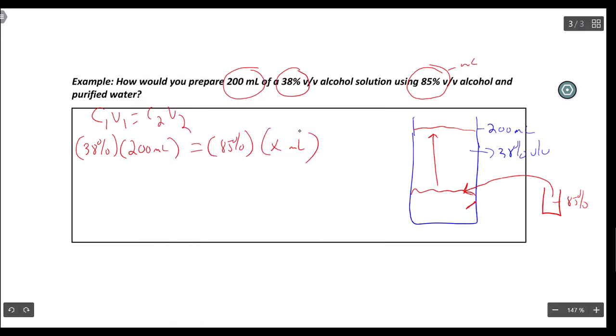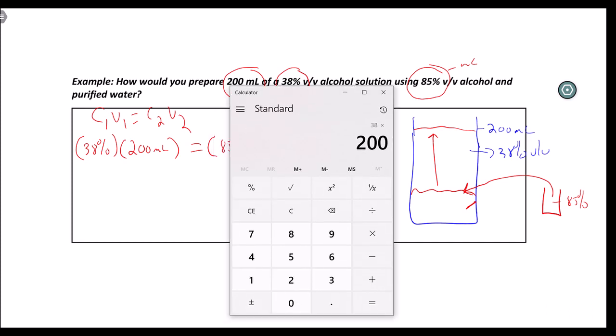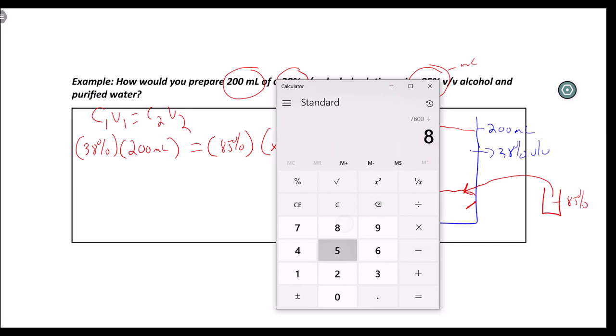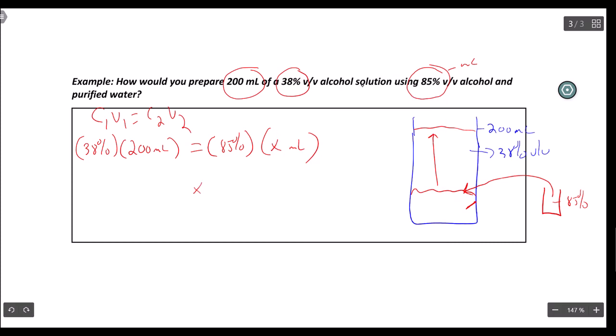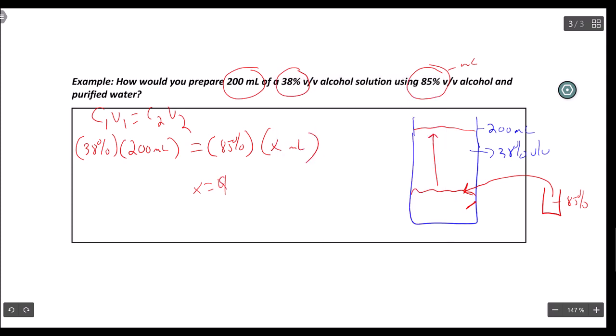So if I take 38, I times it by 200, and then I divide that by my 85, I get 89.41 mLs approximately. That means that this is how much 85% I'm going to put. I'm going to put 89.41 mLs down here, and then I'm going to QS with water up to the top. And that's how I solve that question.